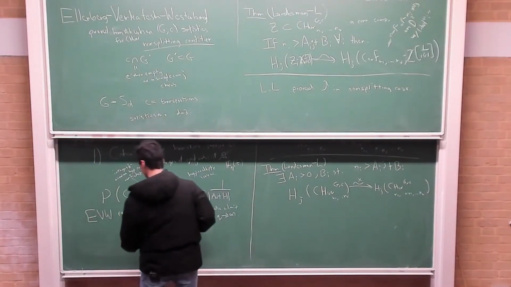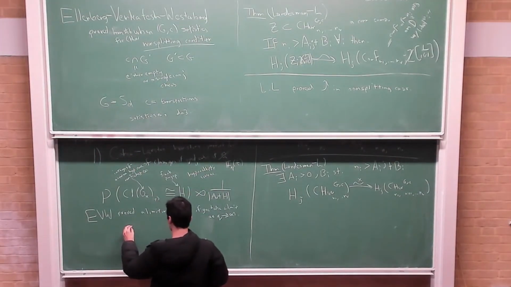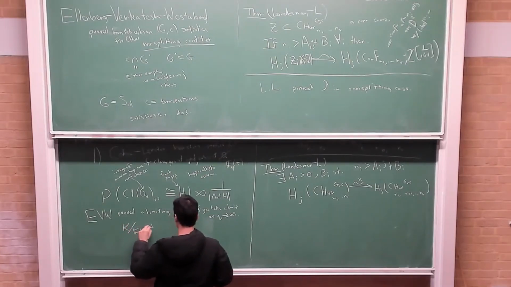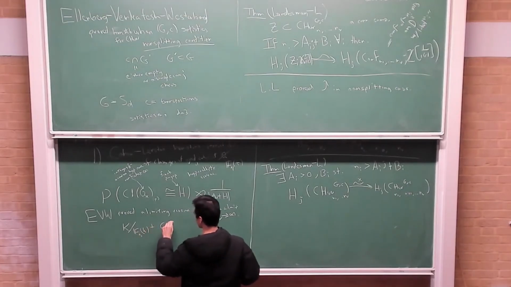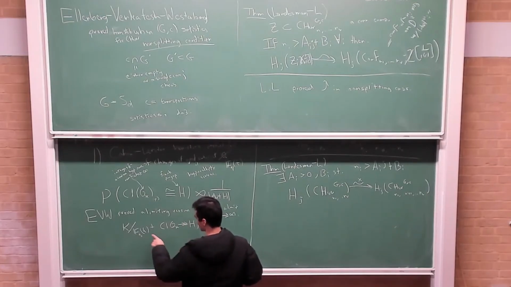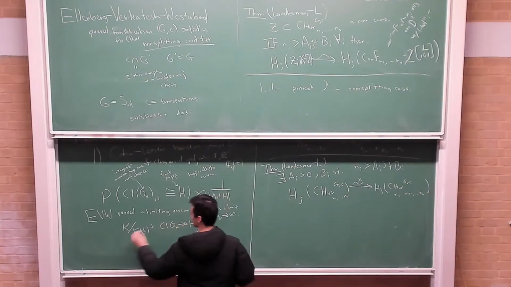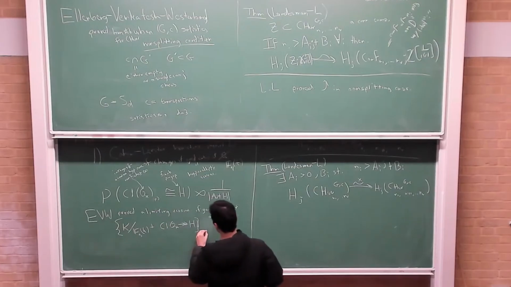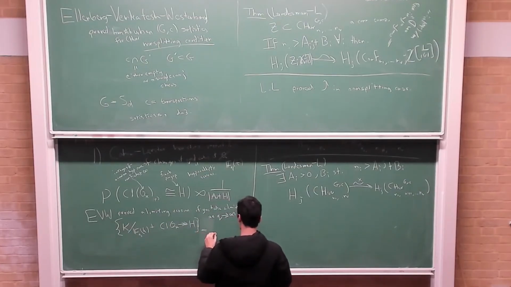The reason they were able to do this is that if you have the data of a hyperelliptic curve, and then a surjection from its class group onto this group H, this data you can interpret as an F_q point of a Hurwitz scheme.